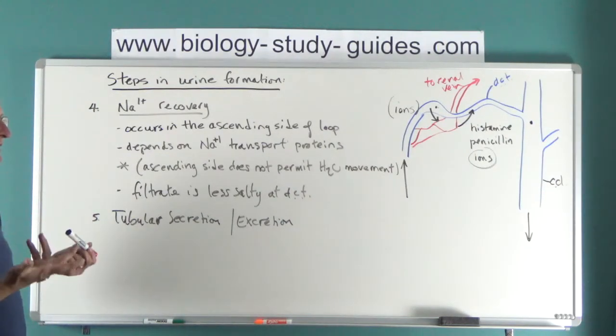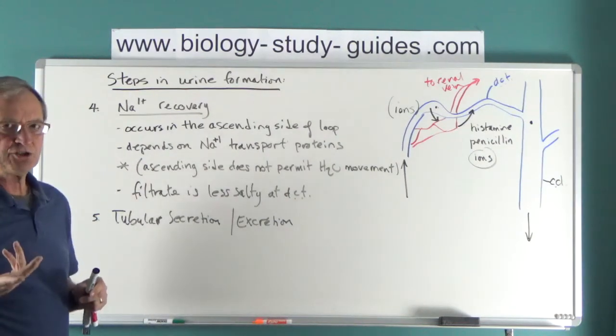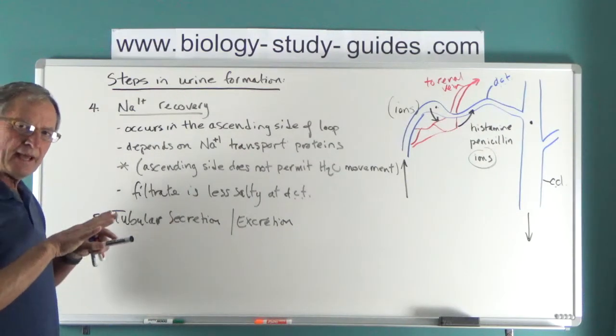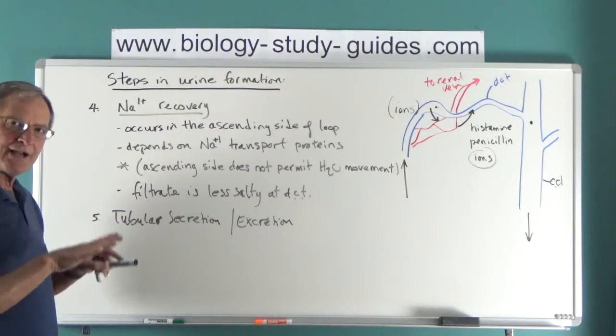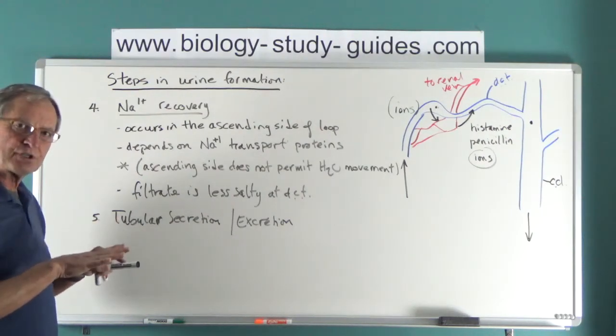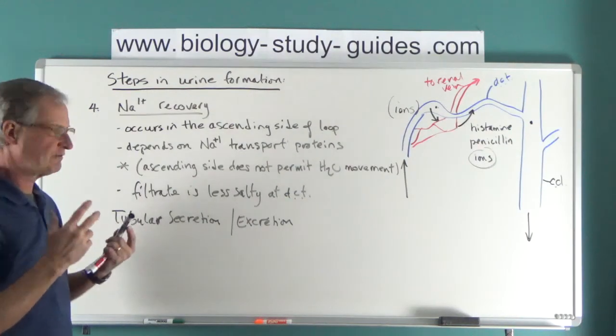Now, the ions, I said I'd come back to the ions. If blood pH is too low, that means that there are too many hydrogen ions in the blood. And the condition of acidosis could occur, denaturing proteins, and you don't feel well, your body doesn't function well.